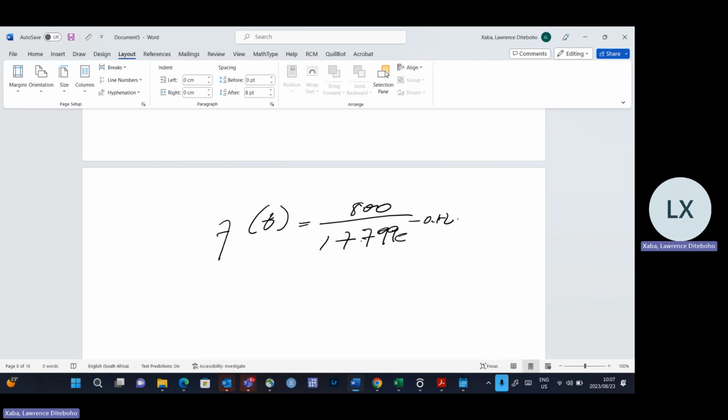So we are saying, in the case where t is equals to 0, we have 800 over 1 plus 799 e to the power negative 0.1 times 0.